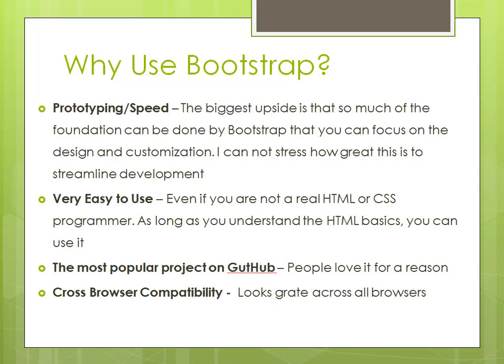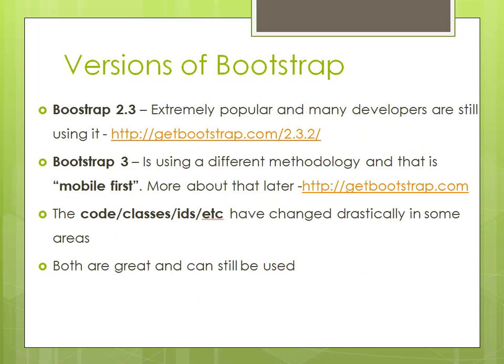Like I said, it's the most popular project on GitHub, and another huge reason to use Bootstrap is cross-browser compatibility. It looks great on all of the modern browsers, so you don't have to worry about your site looking different on IE or Firefox. It should look pretty much the same on all browsers and platforms.